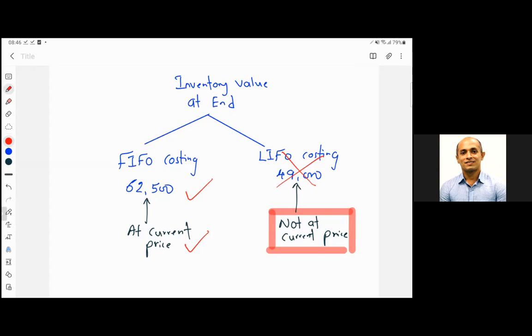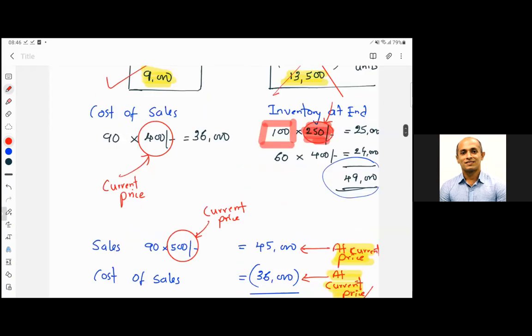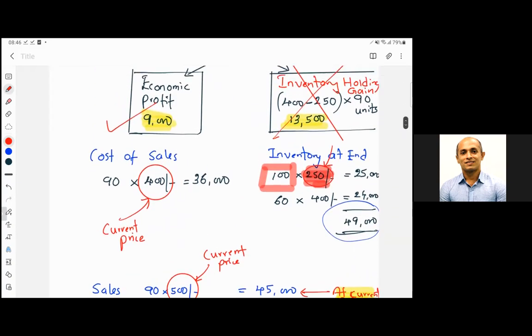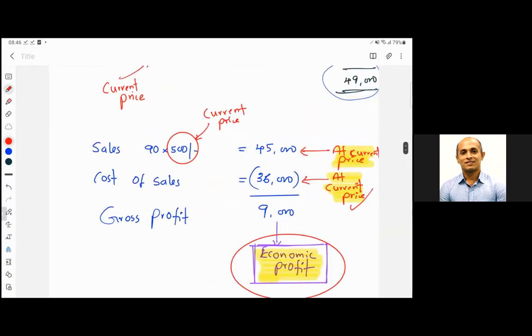Now let's see again. If the company follows FIFO, what is the issue? Inventory value is okay. You can use that value for your analysis because inventory is at current price. But the issue is with cost of sales.